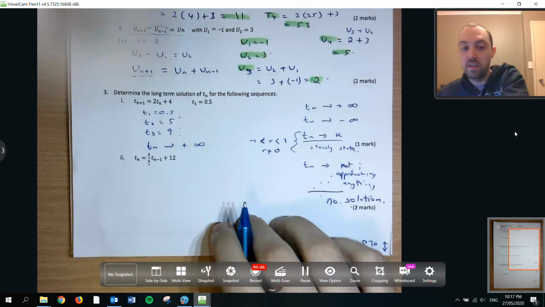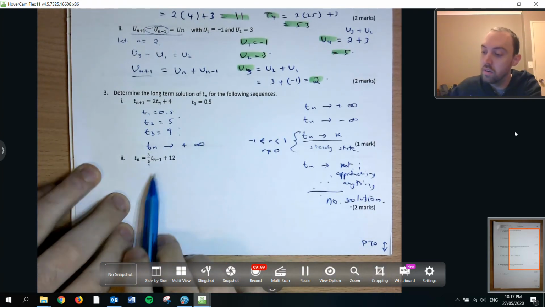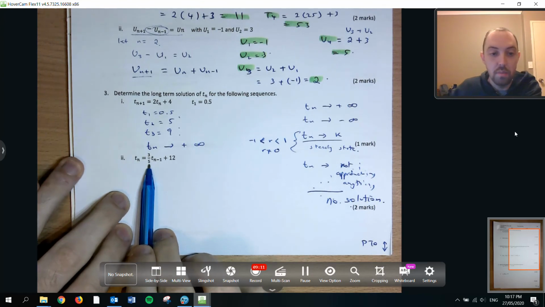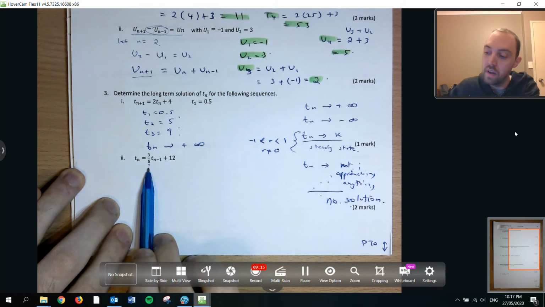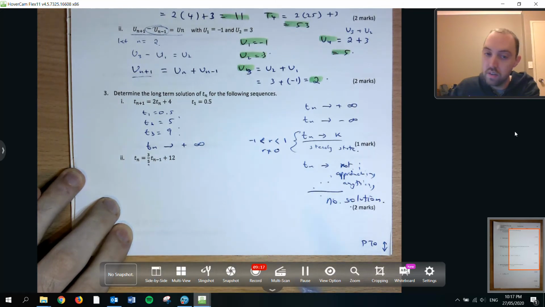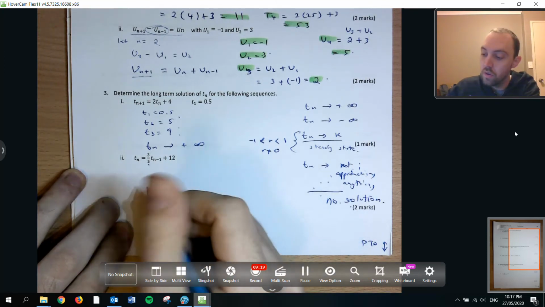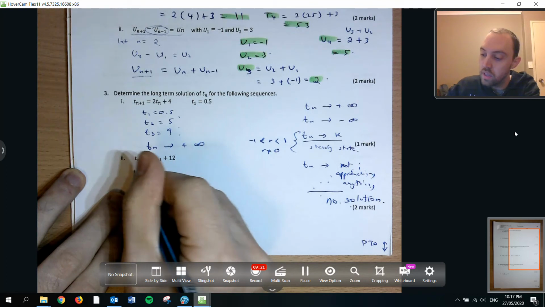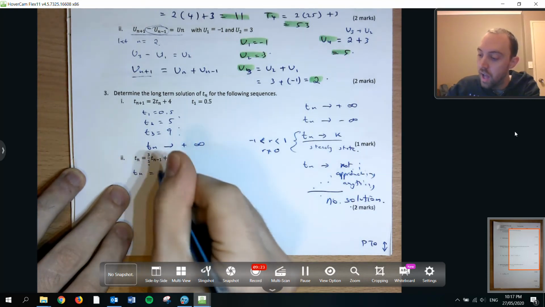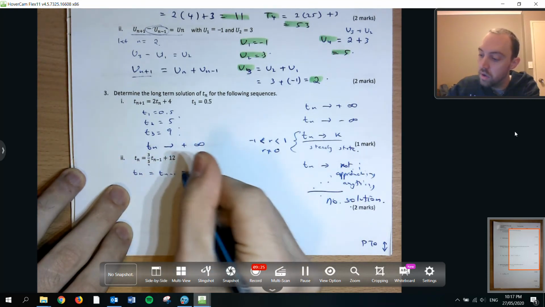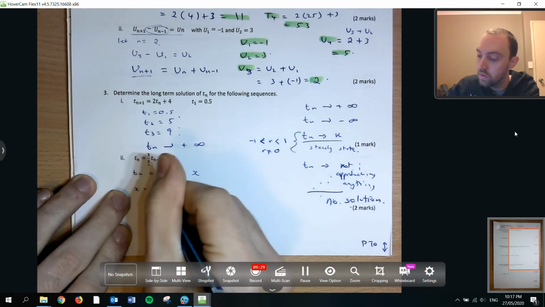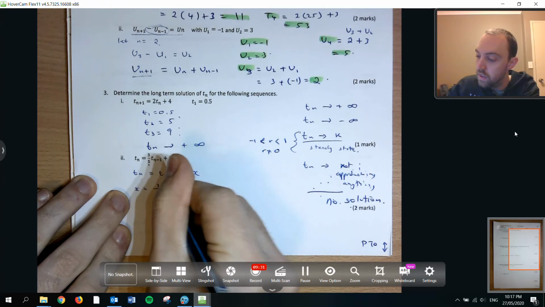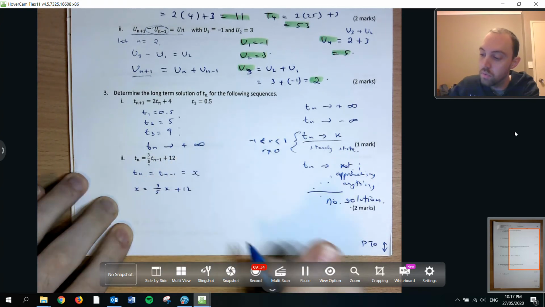Now for a steady state situation, again, we can recognize it because that number in front of this pattern here that was formed, my r value, is a fraction. So how do I do this? I'm going to treat Tn and Tn take 1 as the same number, which I'm just going to call x. So I've got x is equal to 3/5 x plus 12.